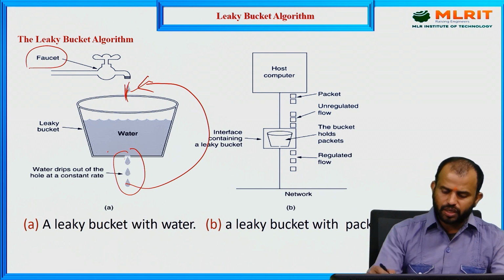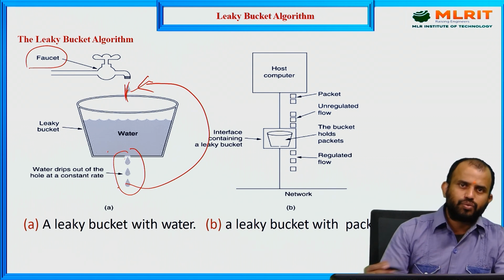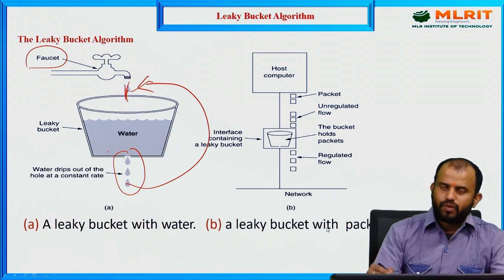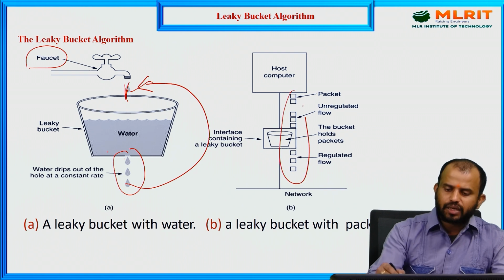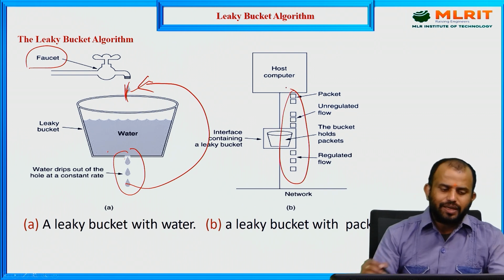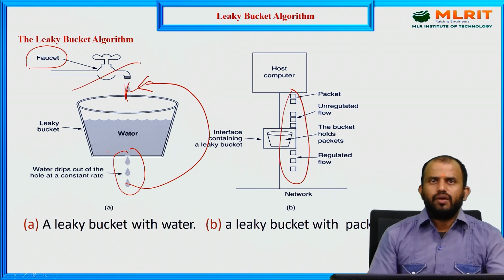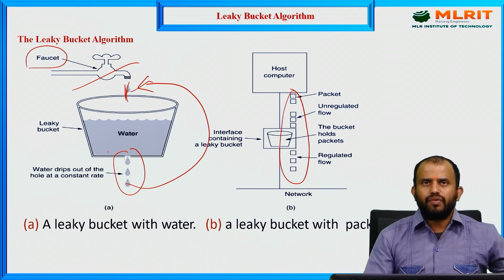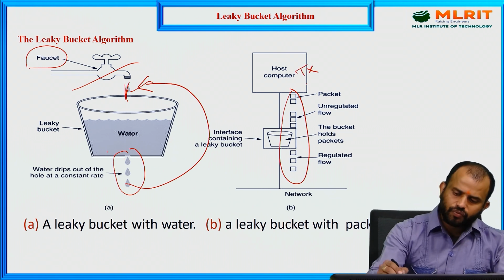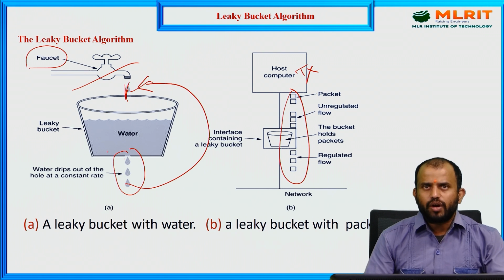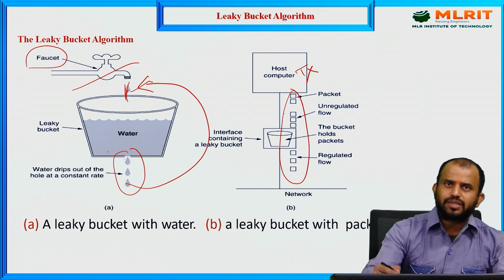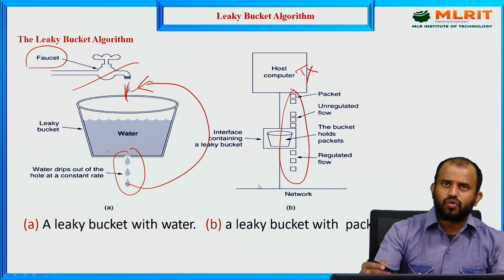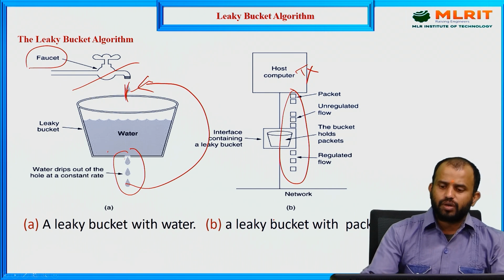Similarly, this is the leaky bucket with water structure. In the same way, we discuss it in terms of packets. Instead of the tap, we have a host computer, a transmitter computer. The host computer continuously sends information to the receiver, packet by packet.